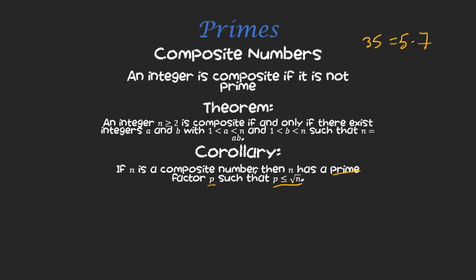So the only things we have to test are just those primes up to the square root of n. We'll check all of those and see if they divide our number n. And if not, then it's prime. And if one does, then we found a factor. So let's take a look at this in action.